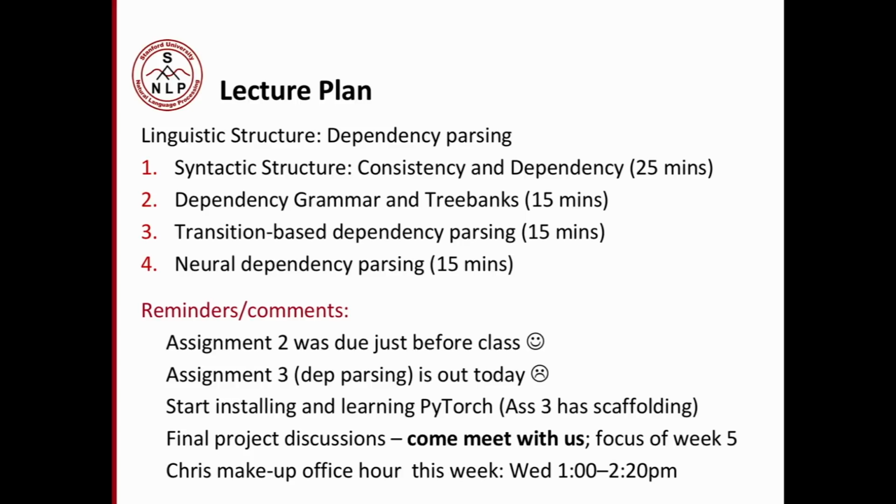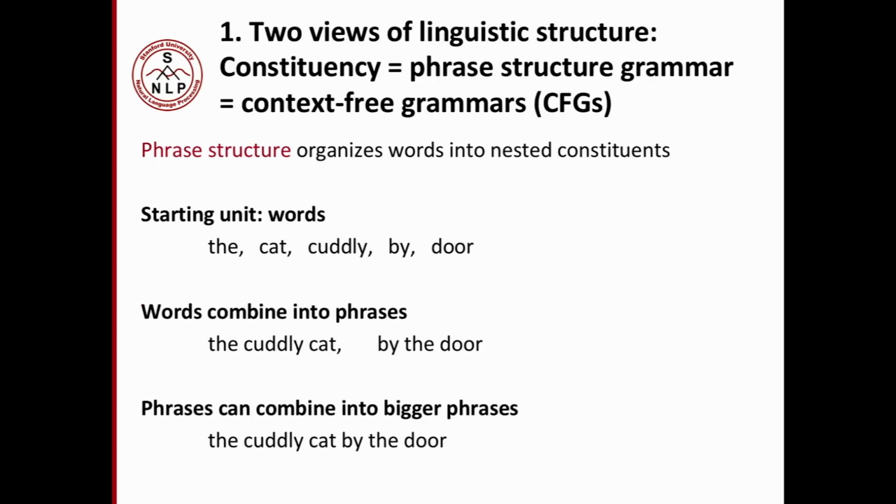Okay. Let's leap in and start talking about the structure of sentences. I want to explain something about human language sentence structure and how people think about that structure, and what goals people in natural language processing have in building structure to understand the meaning of sentences.